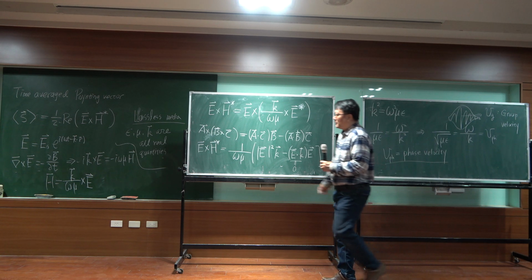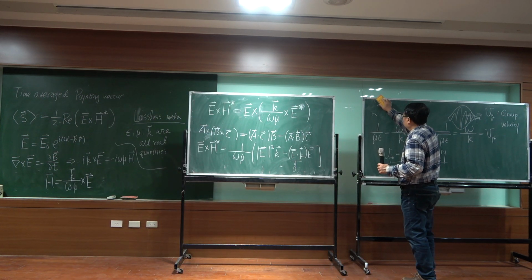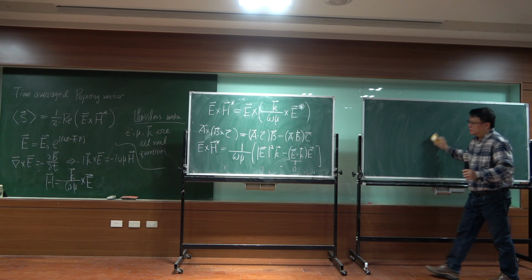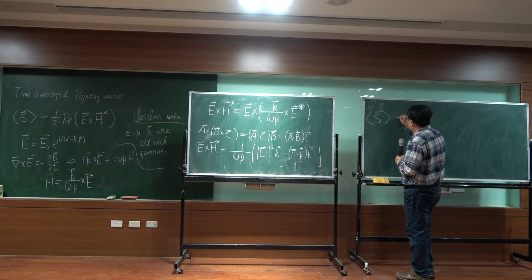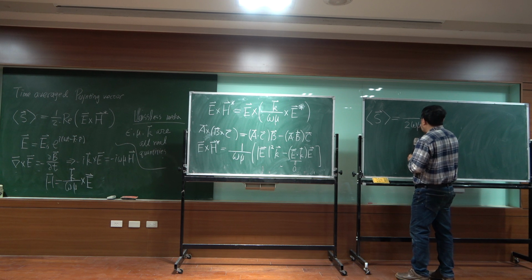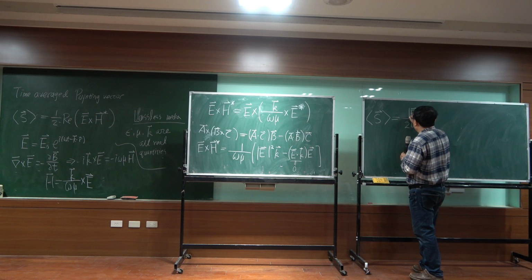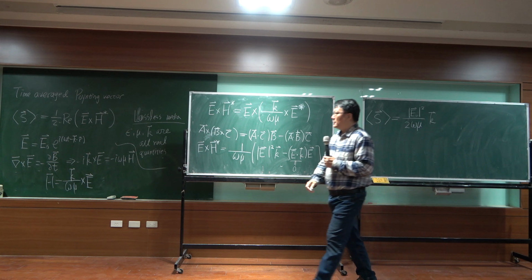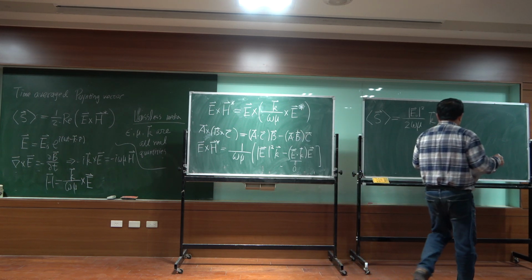So we have the time average Poynting vector equal to E0 absolute square over 2 omega mu times k. Okay, we have this result.